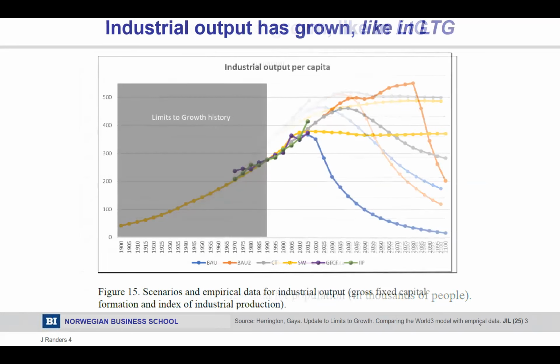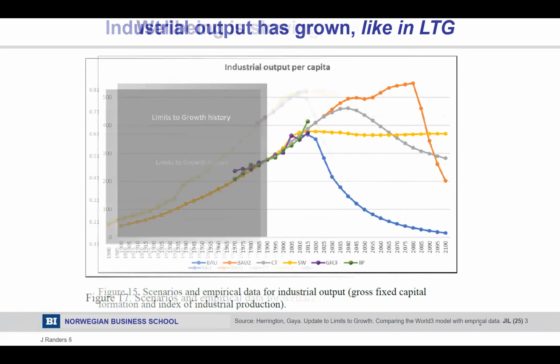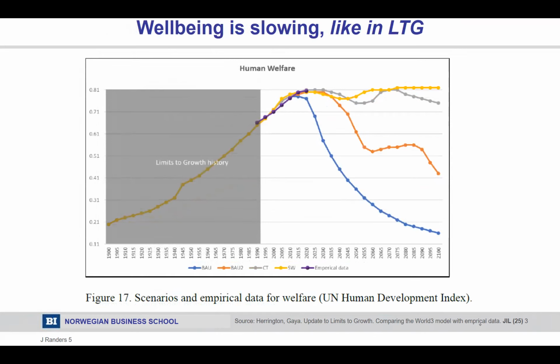And in the same way, you see that industrial output has actually increased over this period. You can see how the human well-being has been developing over this period. Interesting, you know, the black dots starting now to indicate the leveling off in average human well-being, measured as the Human Development Index during the last decade or so.